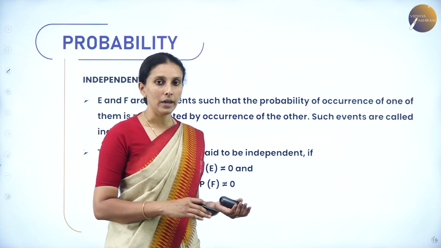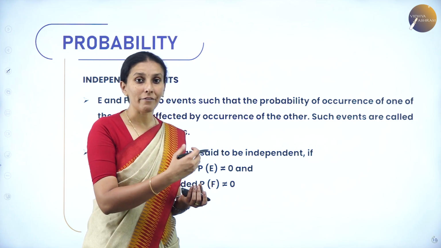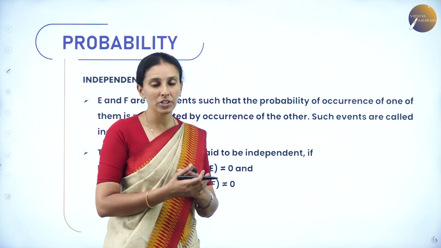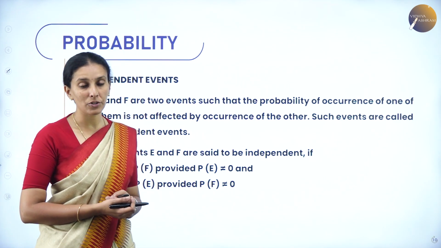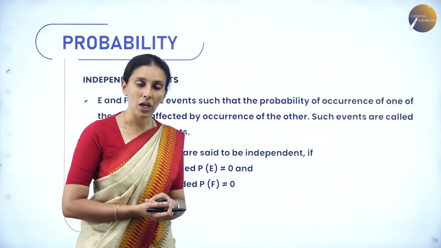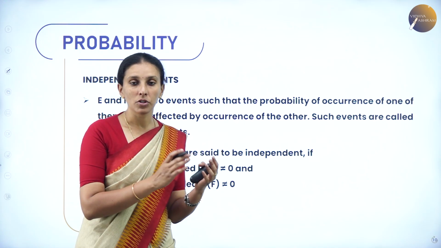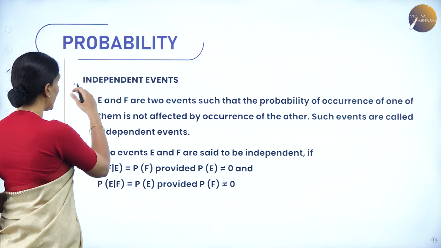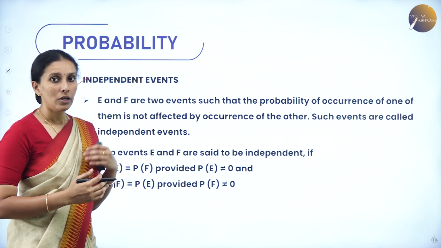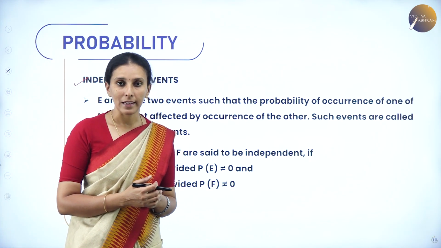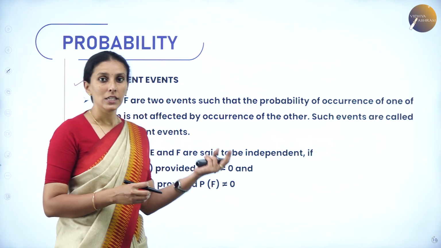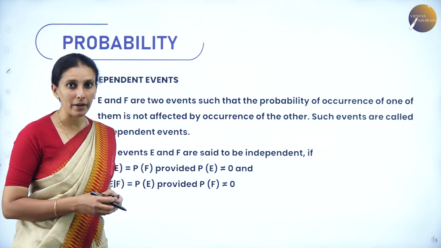So here the event A is affected by the event B. Therefore the probability value of A changes when it is given in terms of conditional probability. But when we talk about independent events, when two events occur simultaneously, the occurrence of one event will not disturb the other. Such events are called independent events.